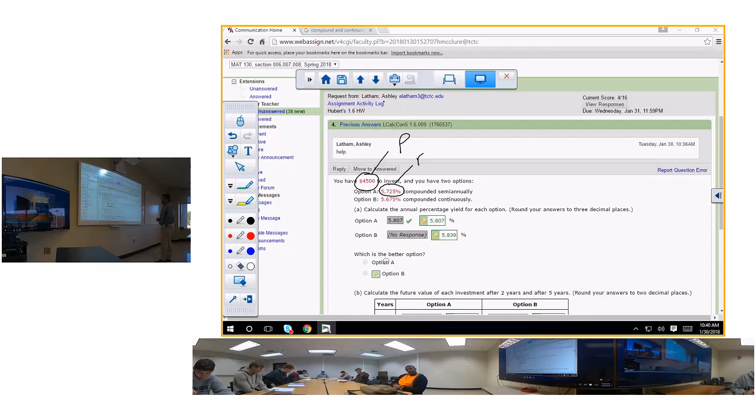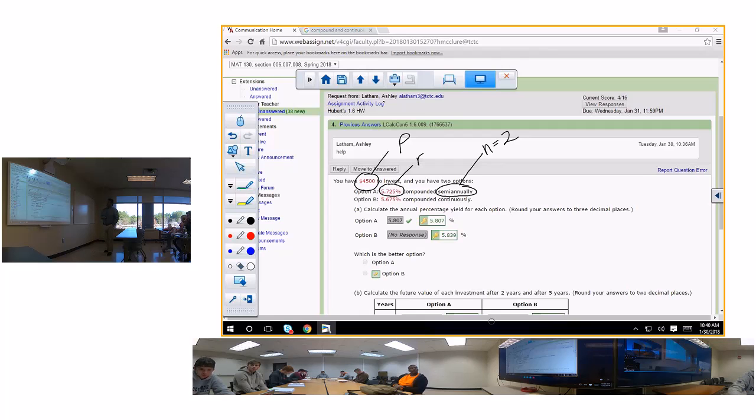Rate. This right here, semi-annually, means what? It means N, okay? That's your N. And in this case, N is going to be equal to what? 2. All right? Because it's done twice a what? Year.